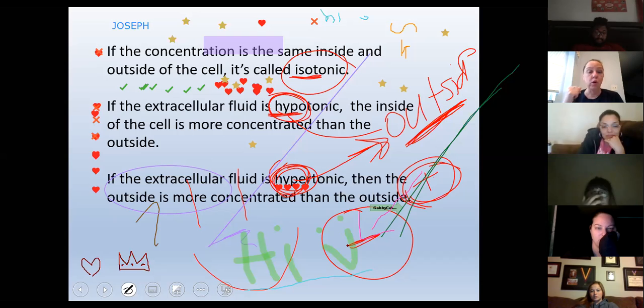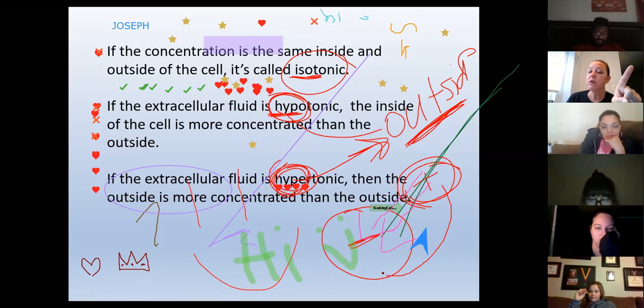If we were moving the molecules, you're absolutely right, moving from high to low along the concentration gradient, that would be diffusion.